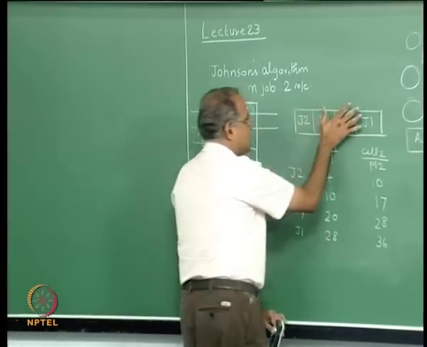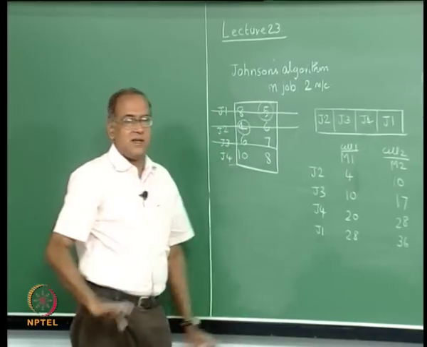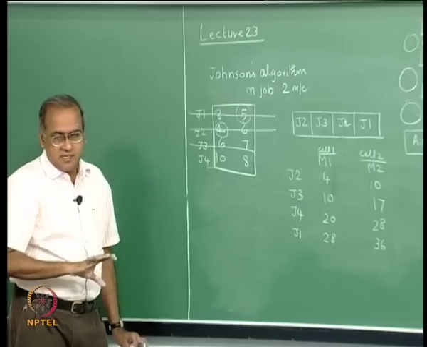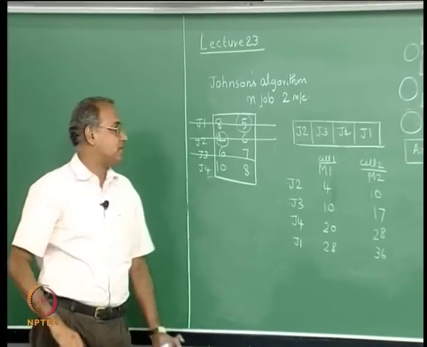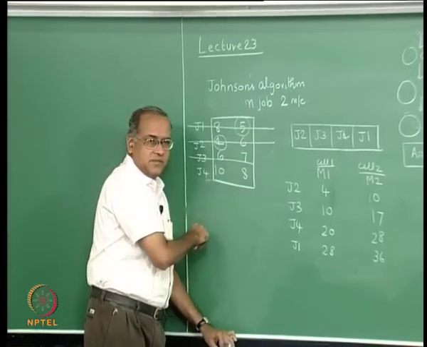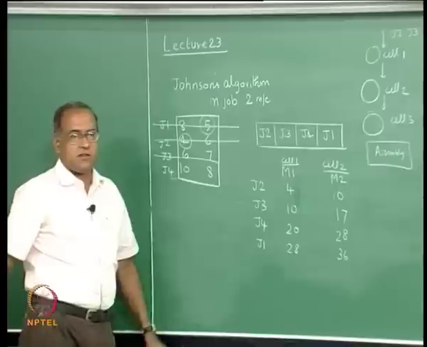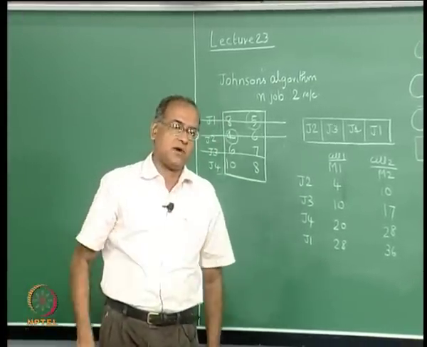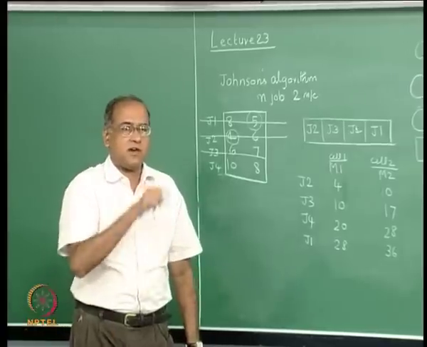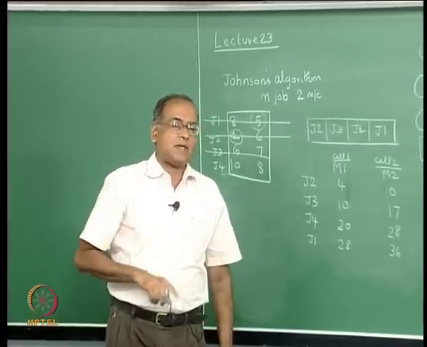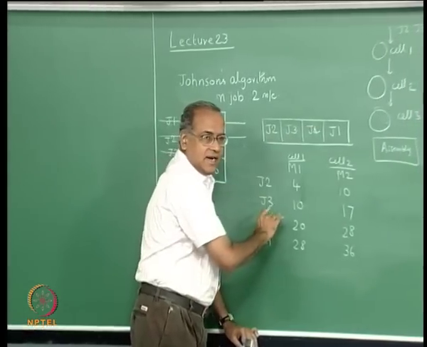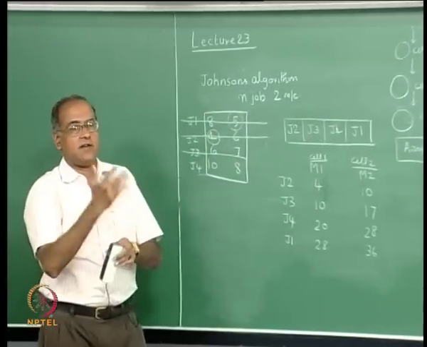This sequence is called the Johnson sequence, and very quickly to recap, the Johnson sequence works as follows. Take this matrix, find the smallest number which is there, find out the job corresponding to the smallest number, and if the smallest number for that job happens to be on the first machine, come from the left and write the job in the first available position.